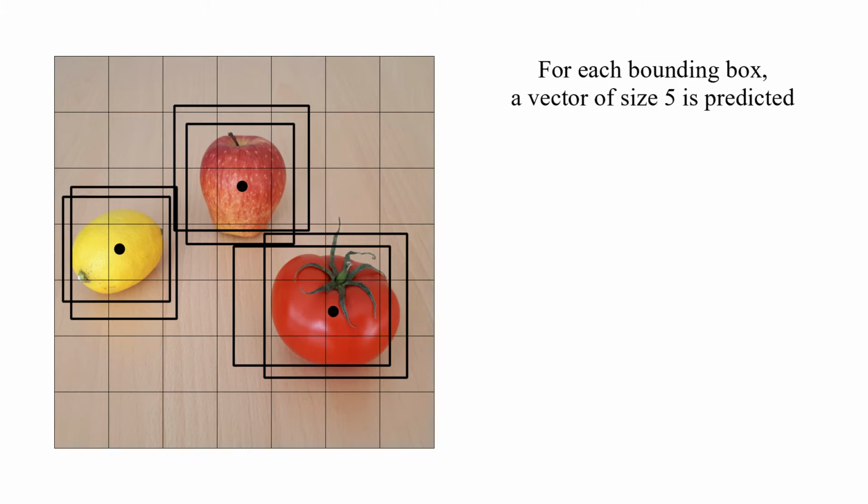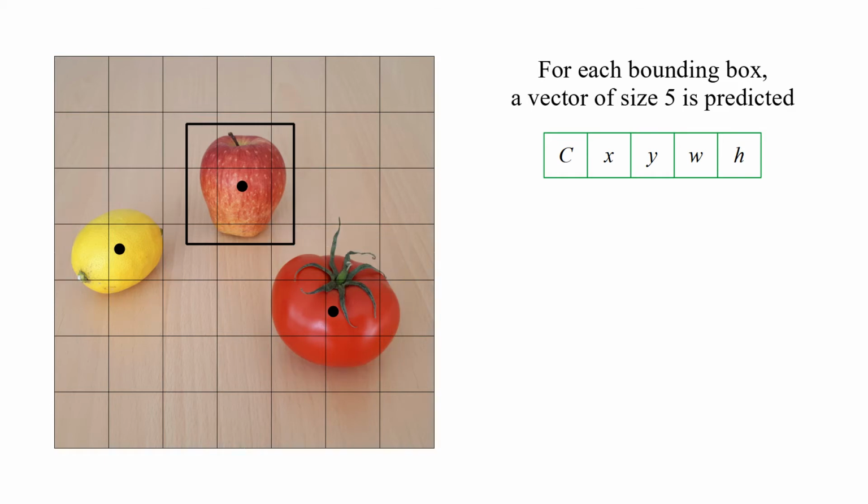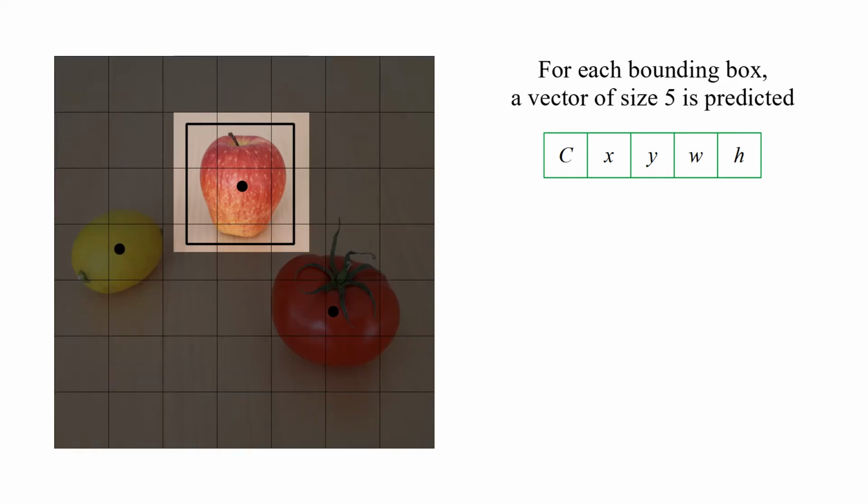For each bounding box, a vector of size 5 is predicted. Let's take one bounding box. And zoom in to see better.